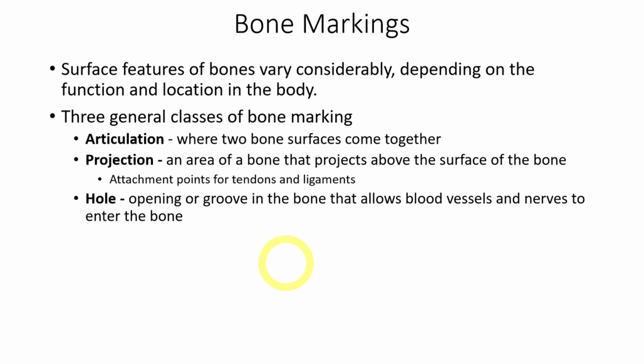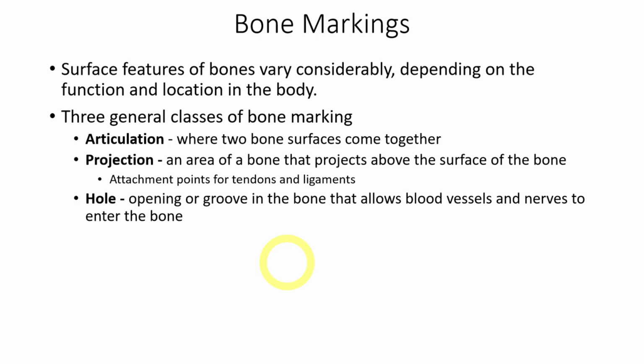So, bone markings, that's a special anatomical term we have for the individual unique features of each bone. And they come in three categories: articulations, where two bone surfaces come together. There will be some markings there.